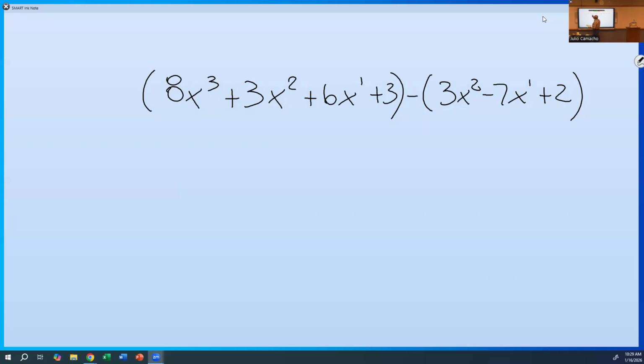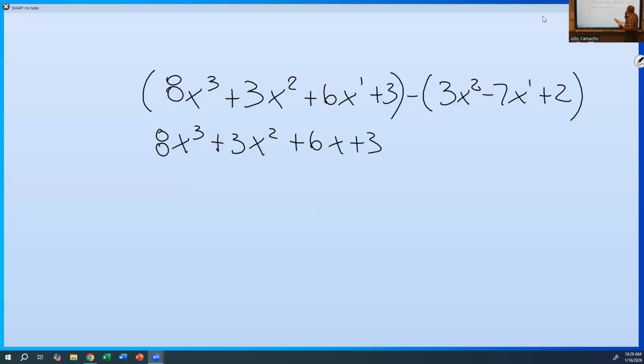I can take everything out of the first parenthesis. You have 8x cubed plus 3x squared plus 6x plus 3. Now I will stop there, because now I need to distribute this negative sign inside of the second parenthesis.